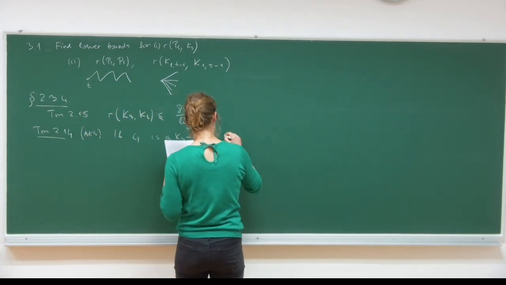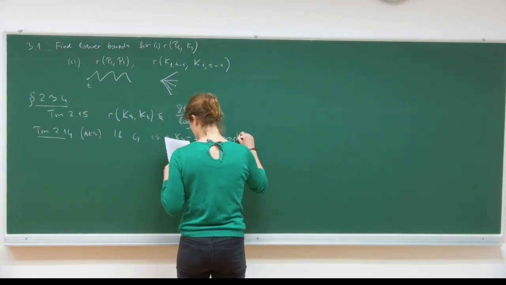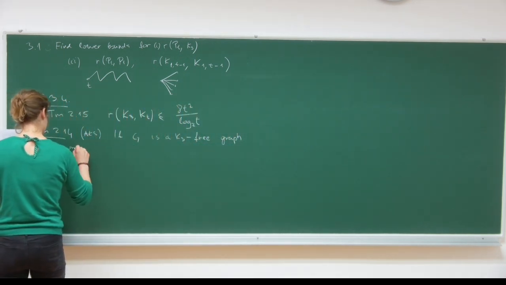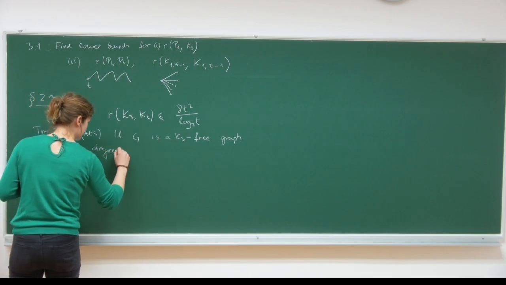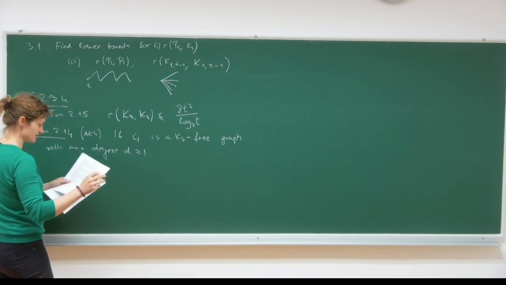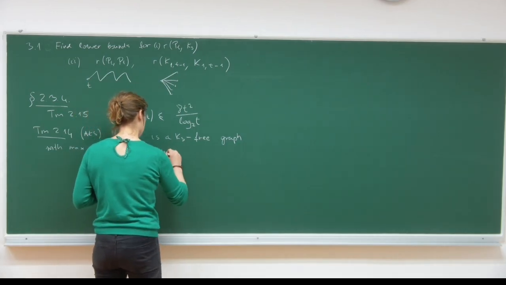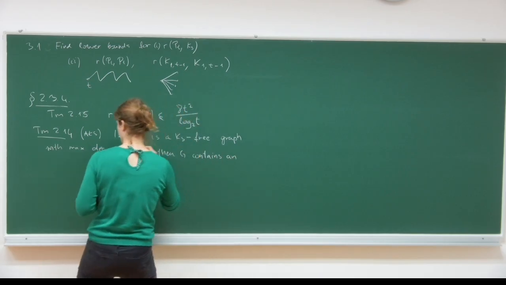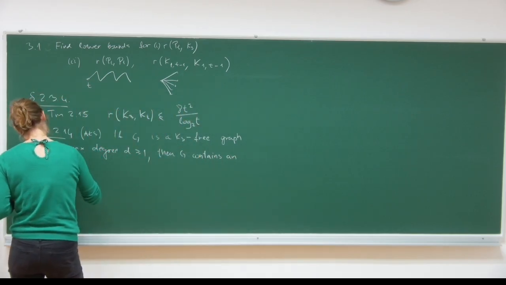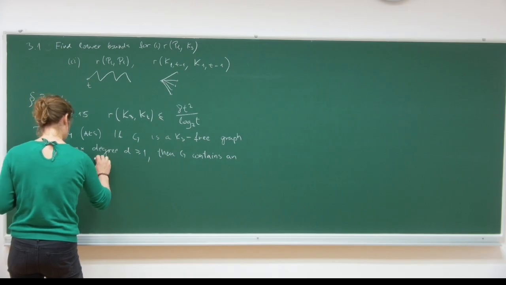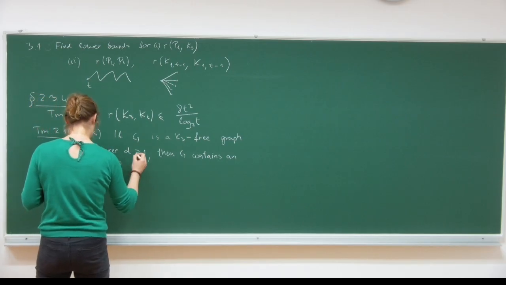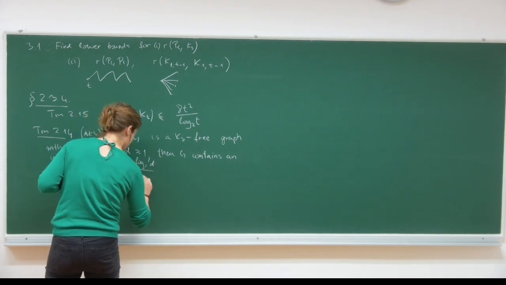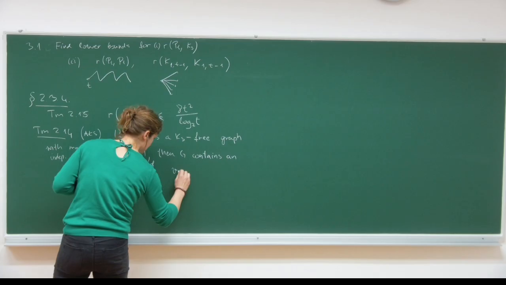So if G is a triangle-free graph with max degree D, and of course this D should be at least 1, then G contains an independent set on at least n log base 2 of D divided by 8D vertices.